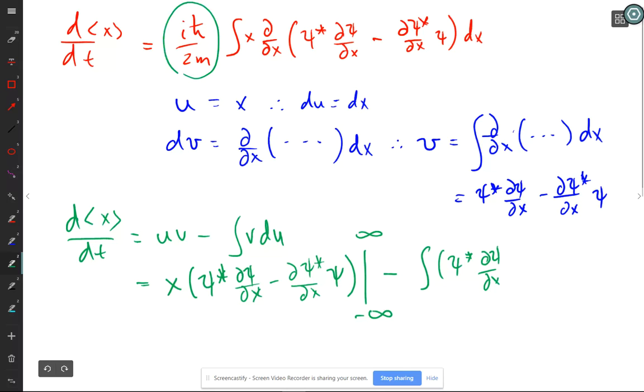I forgot this i h bar over 2m in everything below. So I'm going to erase this so that I don't have to worry about the i h bar over 2m and can put it in later.